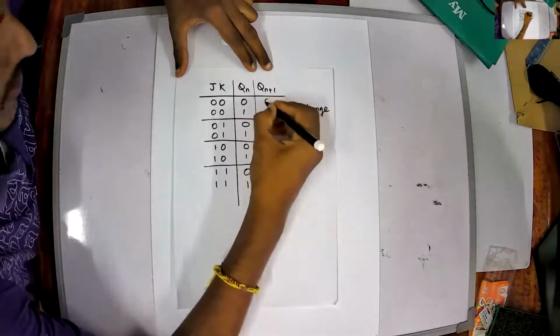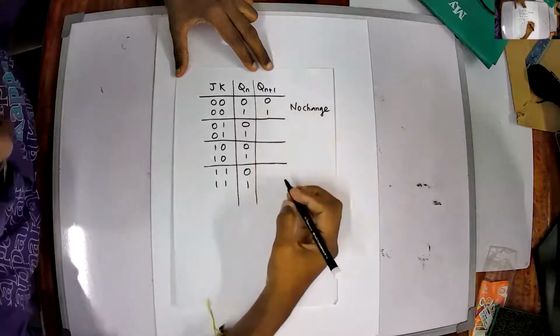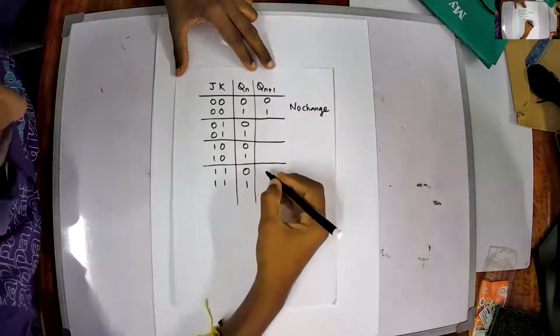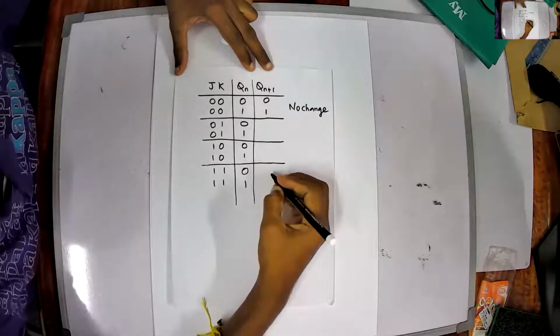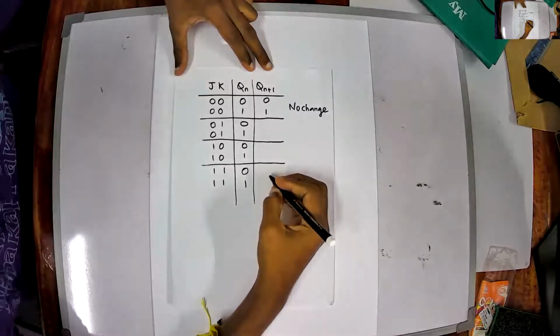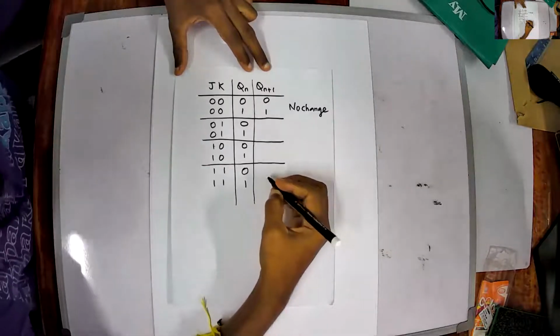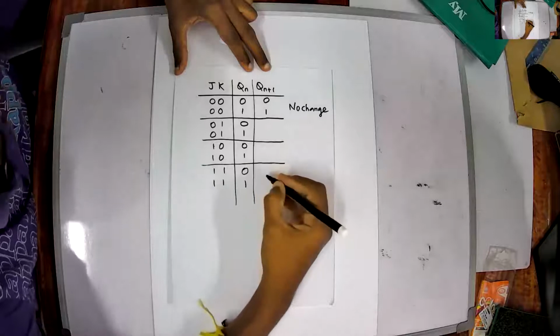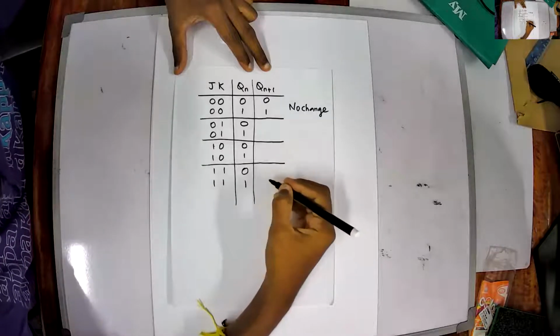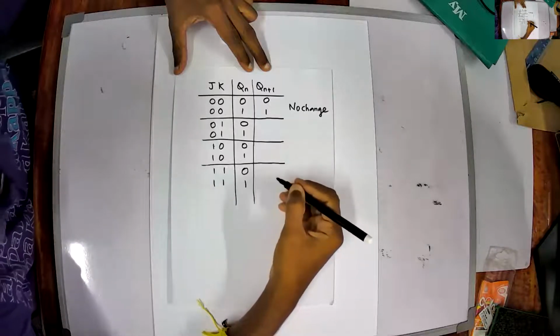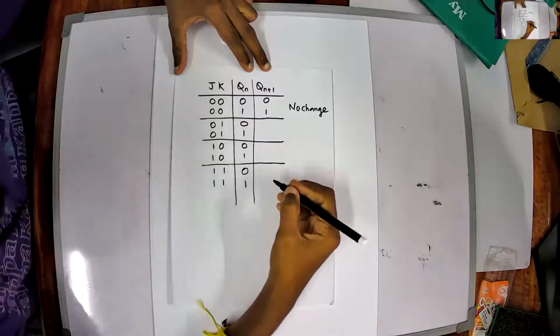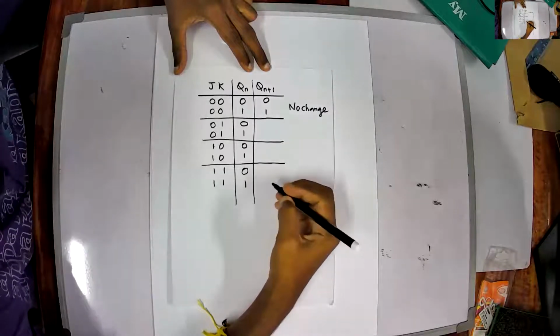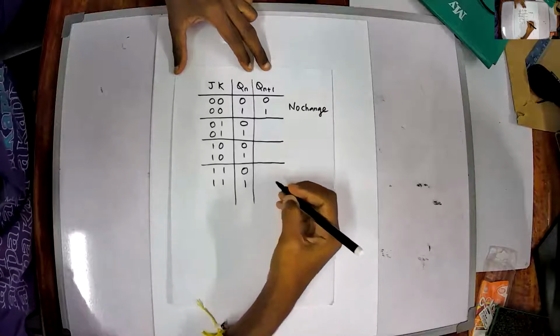So this will be 0 and this will be 1, and this region, for a positive edge or negative edge triggering flip-flop, will be toggling. For a level triggering flip-flop, this will be free running. We saw about free running and other things in our last class.